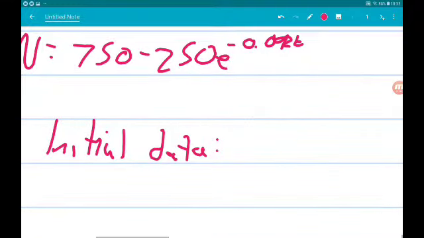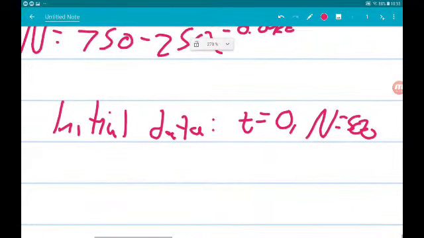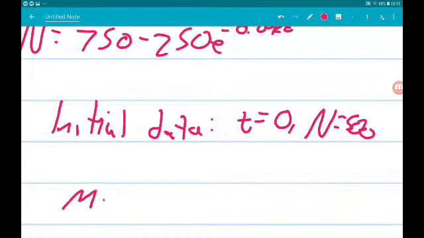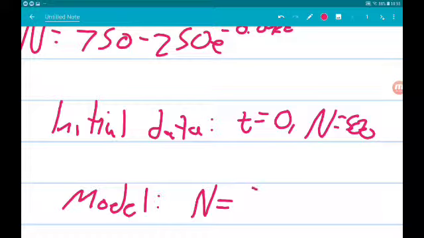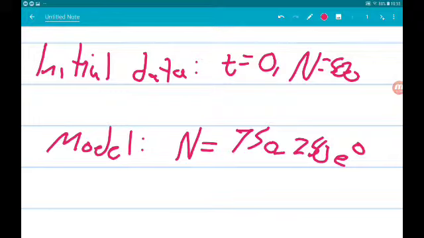So we know that when t is 0, n is 500. So let's try using the model. Well, we're going to get n is 750 minus 250e to the power of 0, which does indeed give us 500 as required.